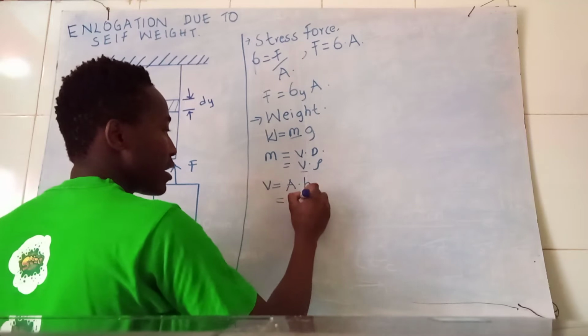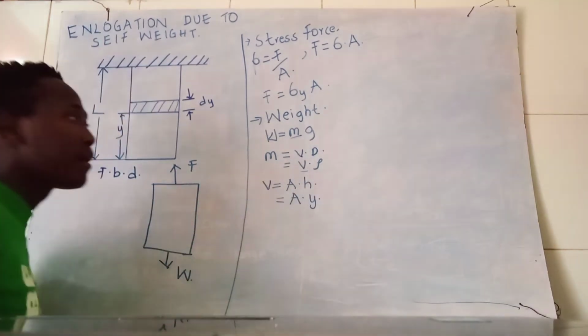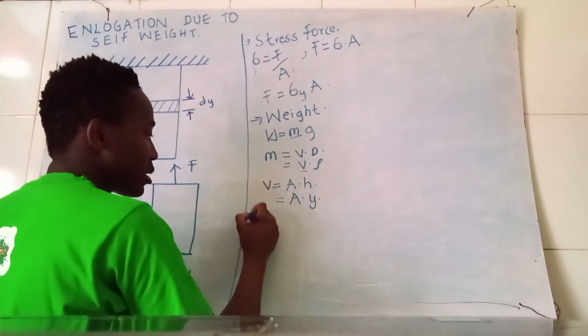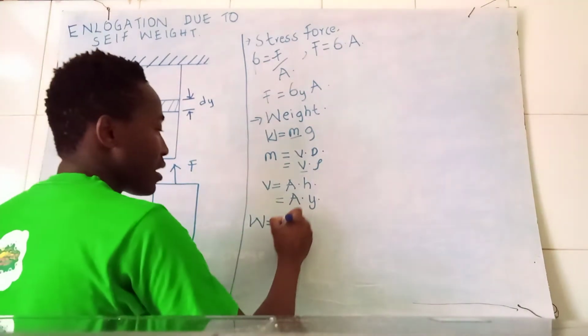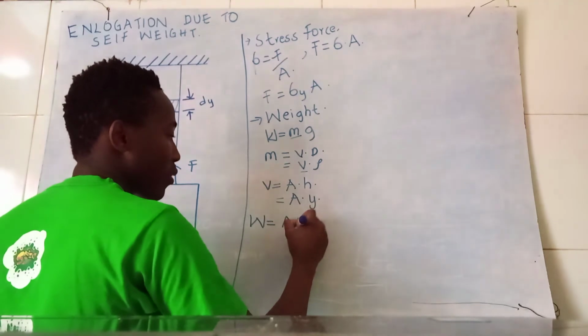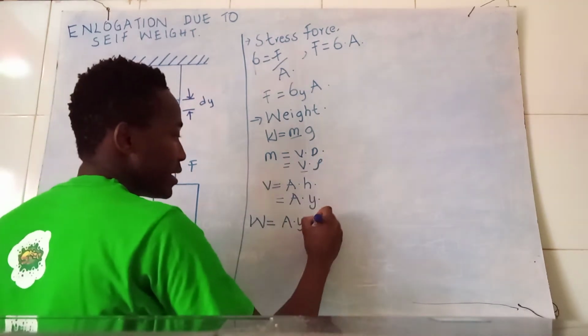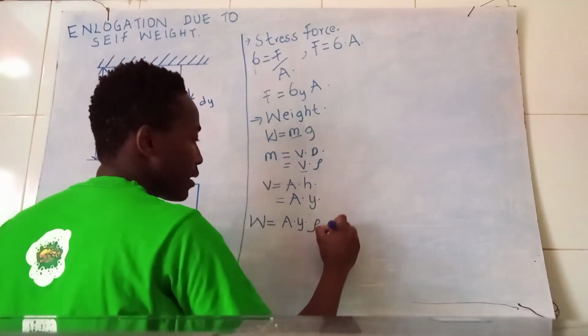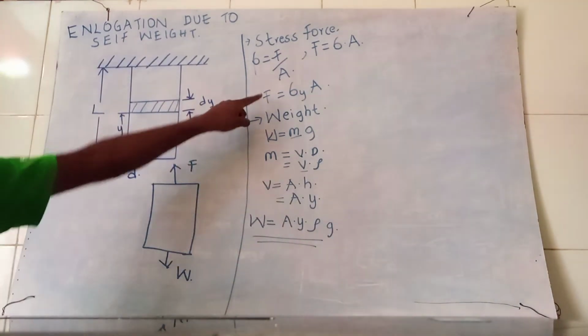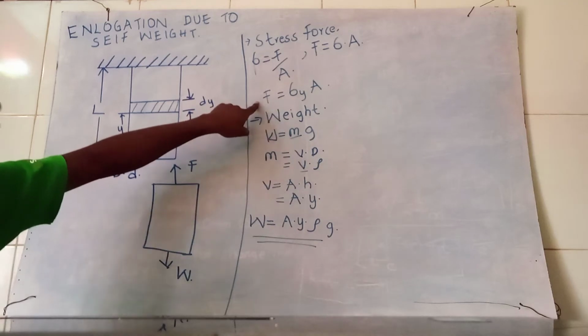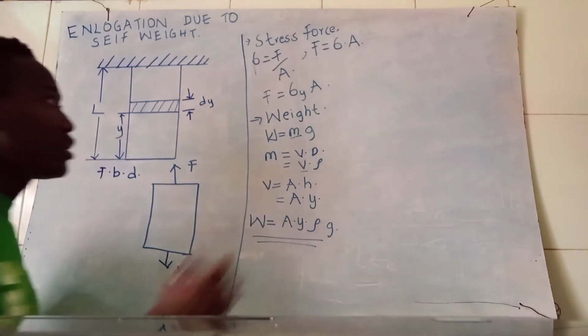Therefore, it will be area multiplied by y. So combining the three, weight is given by area multiplied by y multiplied by density multiplied by gravity. So with that, I have my two forces, the one due to stress and the one due to weight.